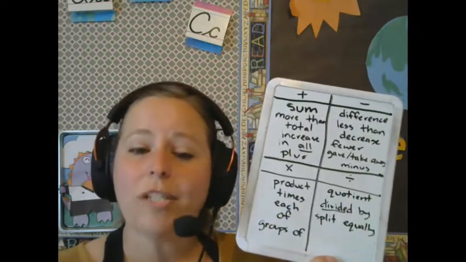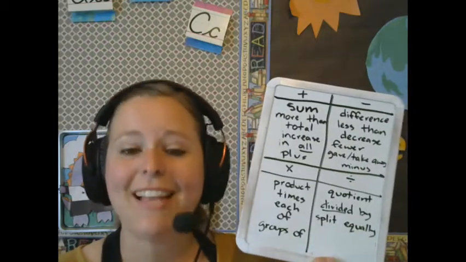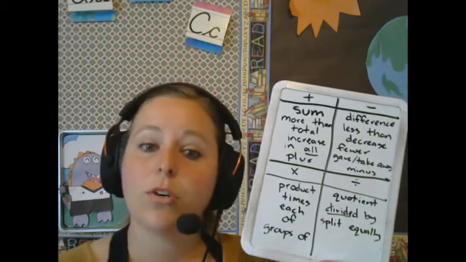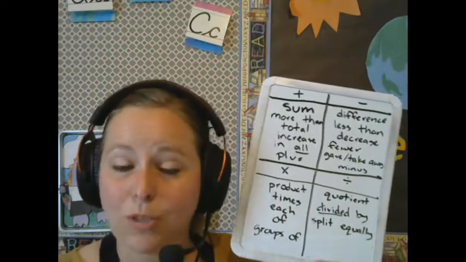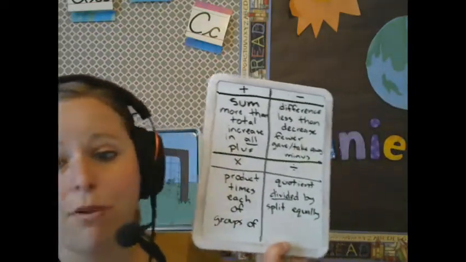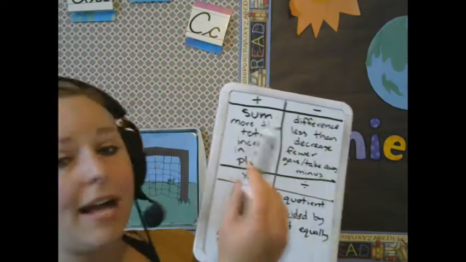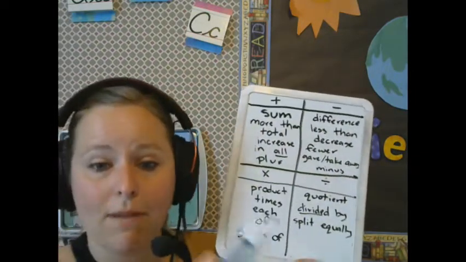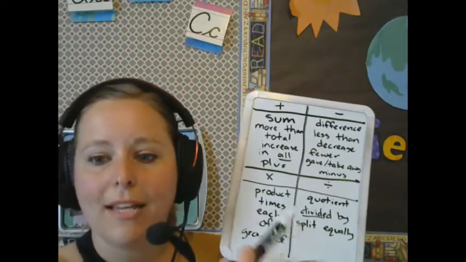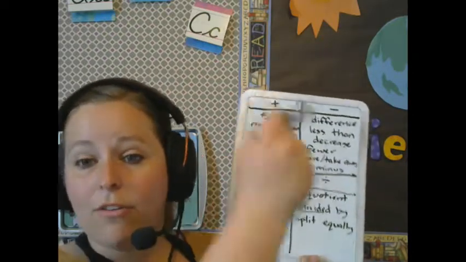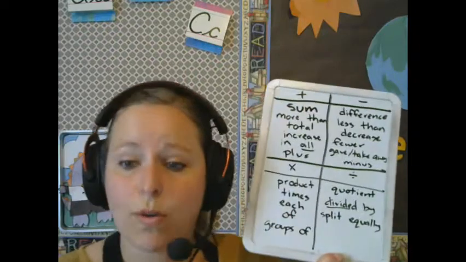We need to figure out which operations we have to do. Like I said, in two-step story problems, you're going to do two problems in that story problem, which means that before I get the answer, I might need to add and then add again, right? So that's two steps. Or I might have to subtract and then multiply, divide and then add, right? Any of these, but I would have to do two of them.